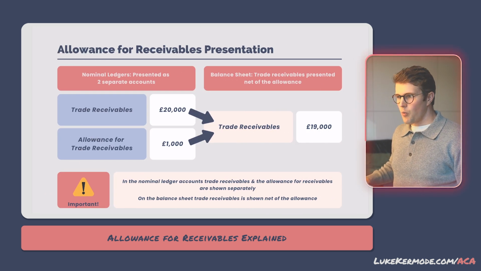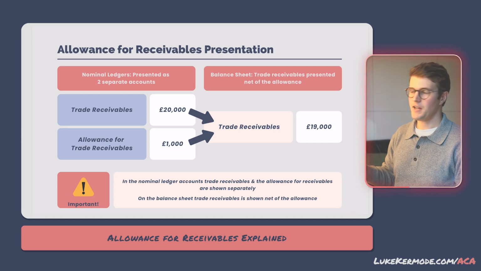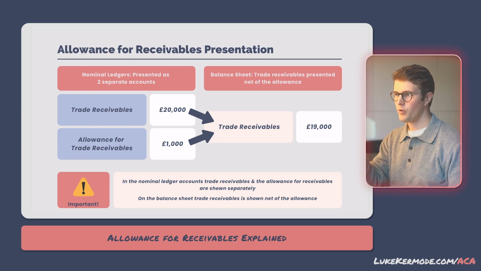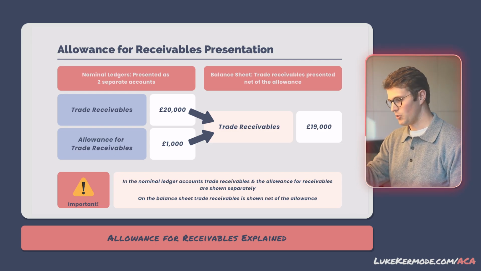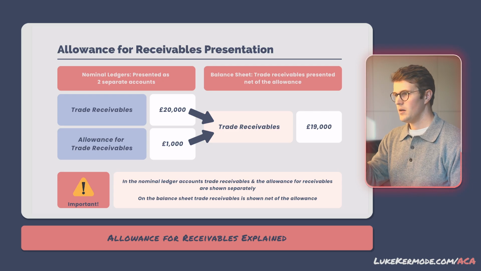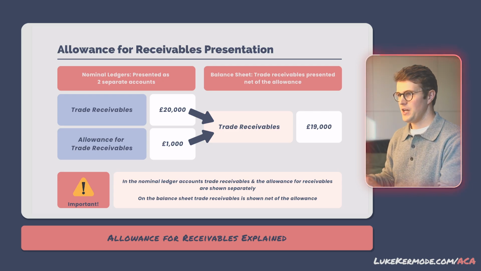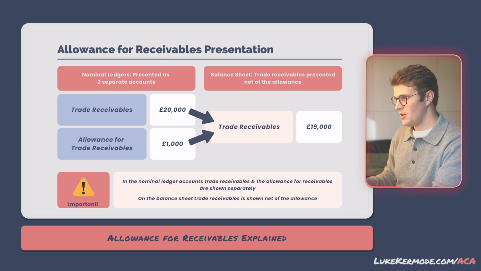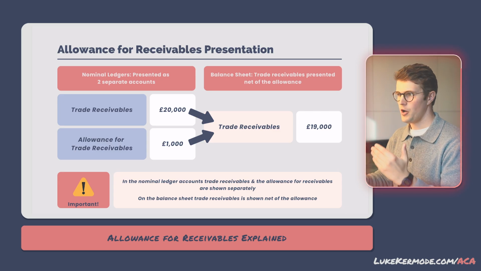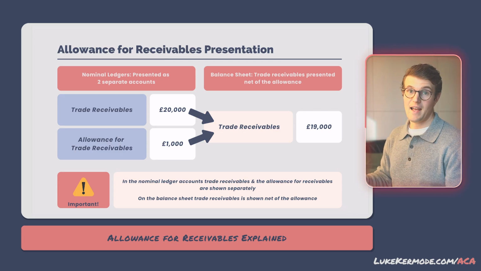Cool. On this slide, one thing I want to make really clear is how the allowance for receivables is presented in our accounts and in our financial statements. The key point is that it's recorded in its own separate nominal ledger account, but it doesn't appear separately on the balance sheet. So when we prepare the balance sheet, trade receivables are always going to be shown net of the allowance.